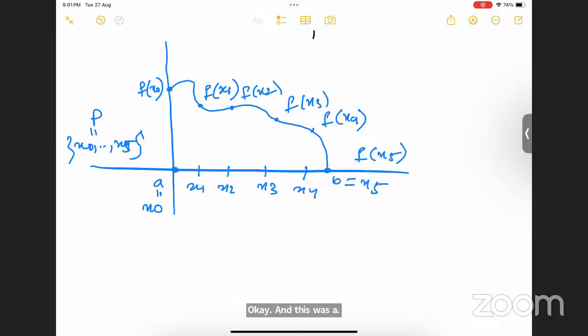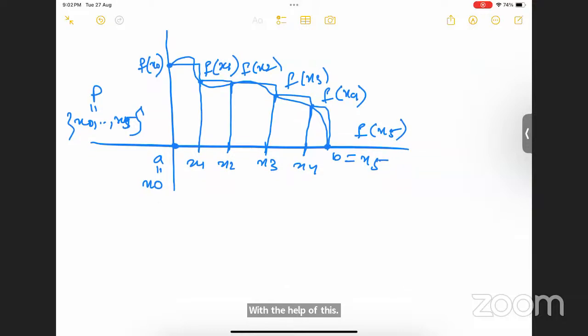Then we take these lines, and we draw some rectangles with the help of this partition.